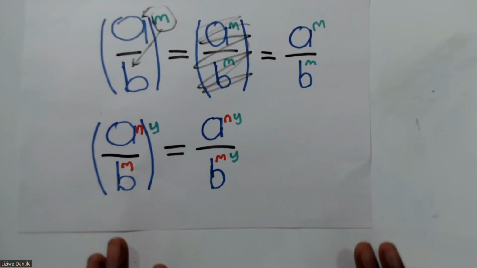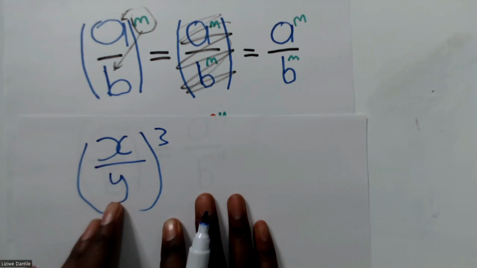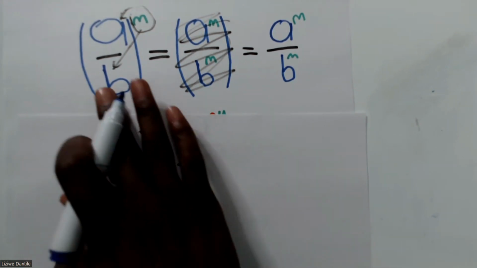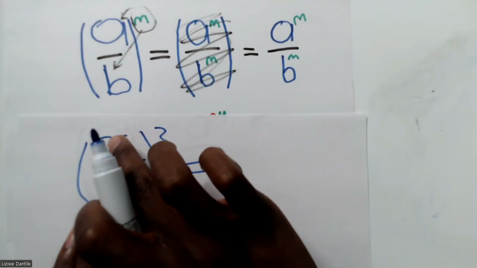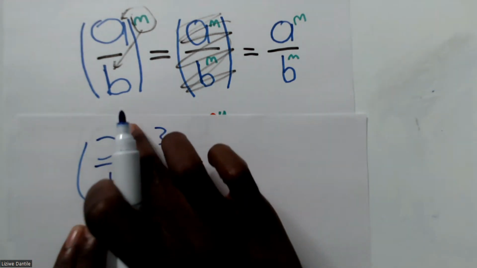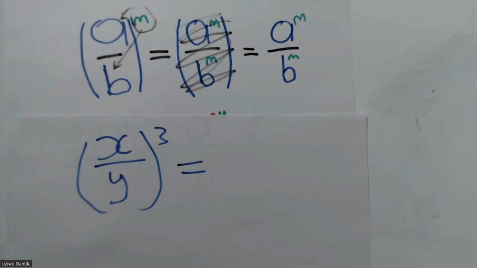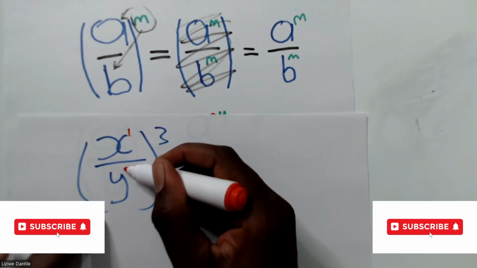To apply this in an example with numbers, if you have x over y in brackets and it's cubed, this is the same as, according to the rule, you take the cube part, which is the exponent, and multiply it by each one of the exponents here. Like I say, invisibly x is to the exponent 1 and y is to the exponent 1.